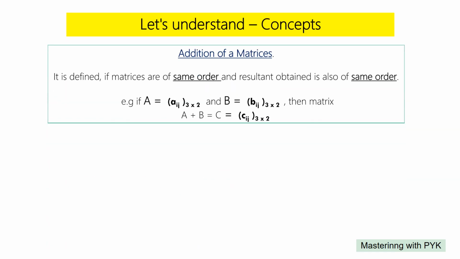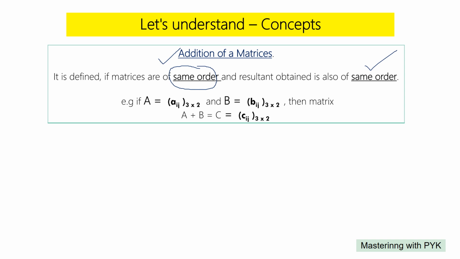So let's understand addition of matrices. How do we add the matrices? If the matrices are of the same order, then the addition can be defined. If not, addition is not possible. So two matrices have to be of the same order and the resultant would also be of the same order.